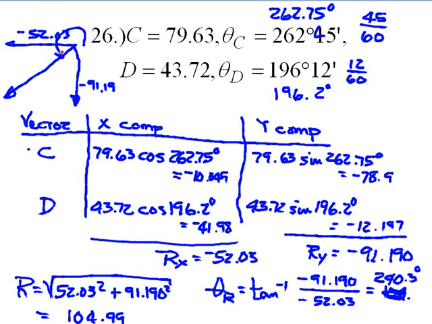So this would be the 240.3, and the magnitude was what? About 105. Okay? That makes sense. Both our x component and our y component are both negative. Belongs in the third quadrant.